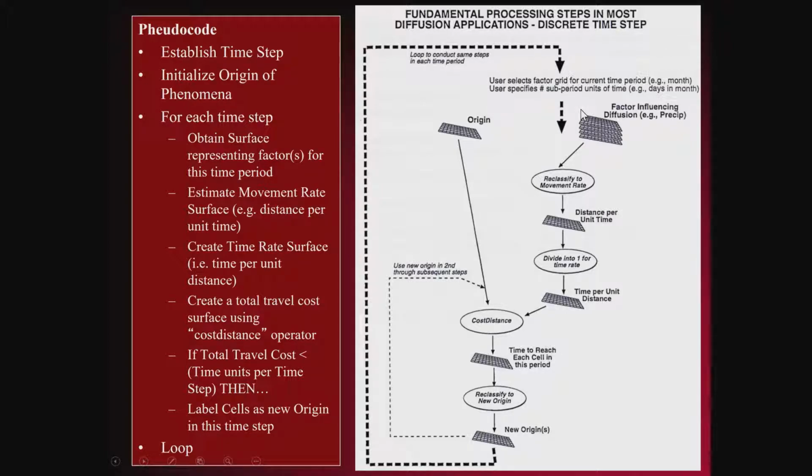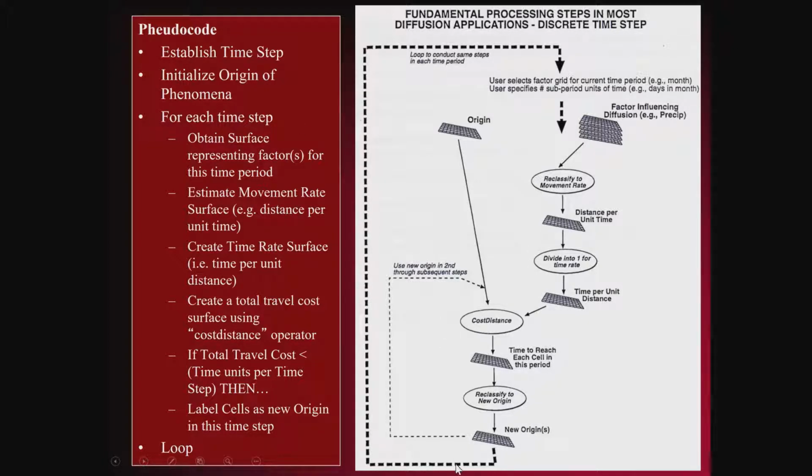We get our factors that are influencing diffusion, and we reclassify them to create a movement rate. That movement rate is then used to get a distance per unit time. Then we take 1 divided by that, and we get the time per unit distance.